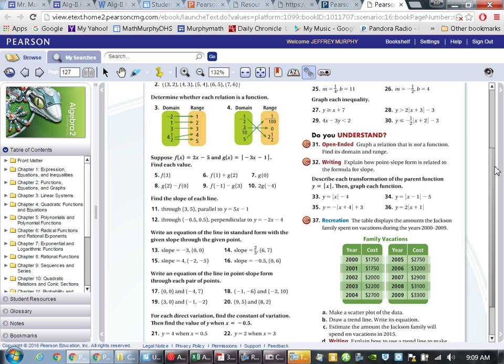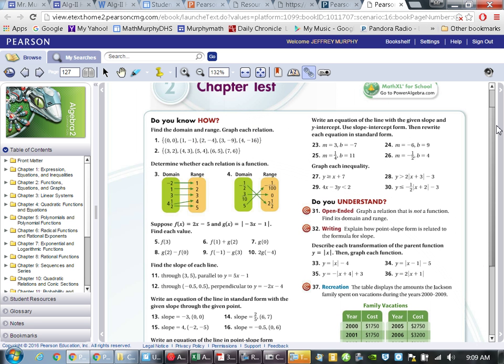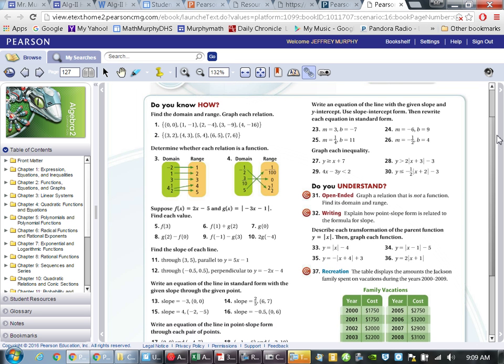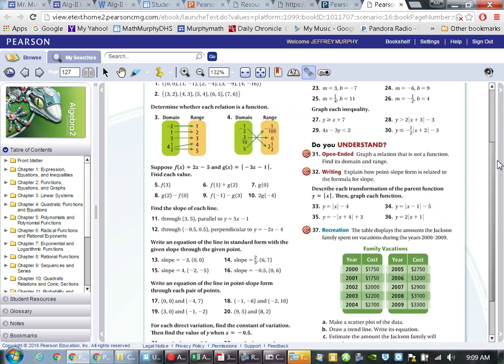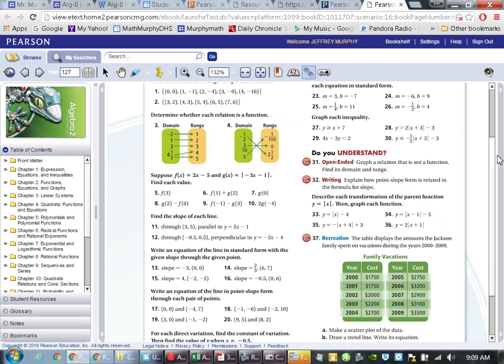I've got to talk about this constant of variation because we don't have time to do that right now. I'll do that tomorrow. Let's just go evens up to 20, and then we'll worry about the rest of the equation stuff tomorrow. Yeah, let's go evens through 20 on 127 for right now.